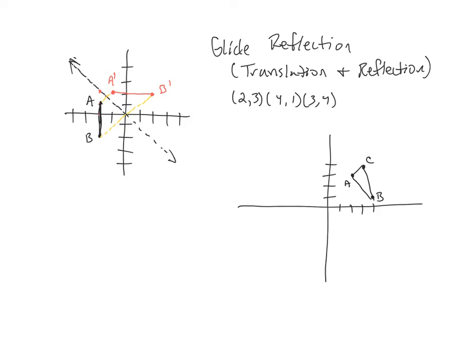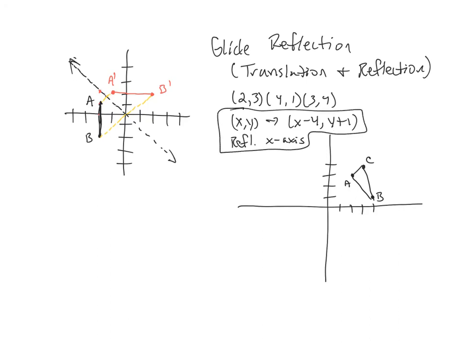Okay, so if it said we're going to do a translation left 4 in the x direction, so left 4, and then up 1 in the y direction.